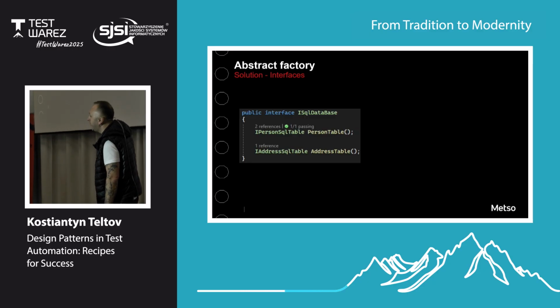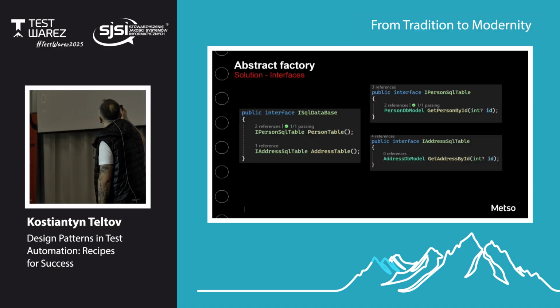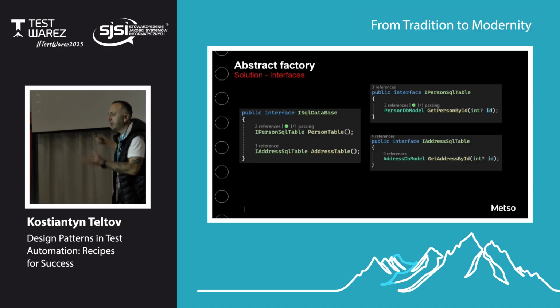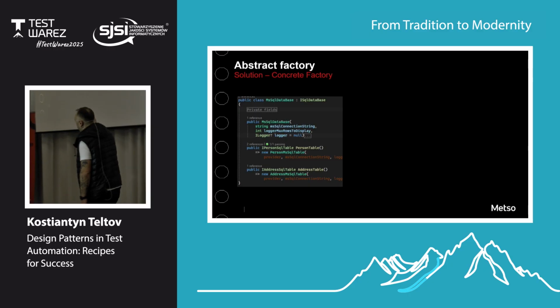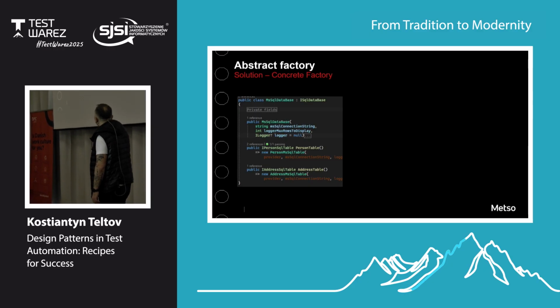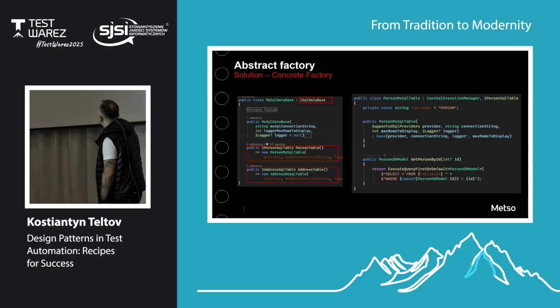Let's call it ISQLDatabaseManager. Then, of course, we need to provide multiple interfaces for our tables, so in the future, you can extend these interfaces. And then you can make a concrete implementation of our global interface, like here and here. And there is a concrete implementation of the table.